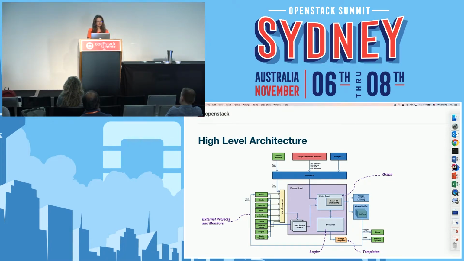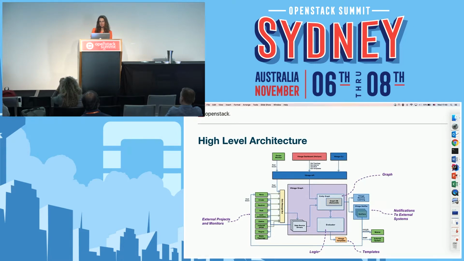So if there is a condition, a topological condition, for example, a NIC is down and the NIC is attached to a host, then the action to be taken is to modify the state of the host to error and to raise an alarm on the host. So the evaluator is responsible for evaluating the templates and taking the actions.